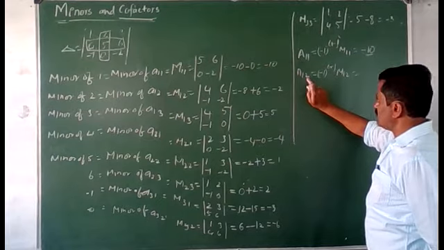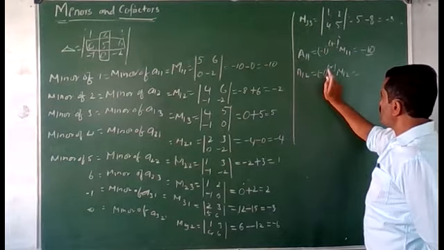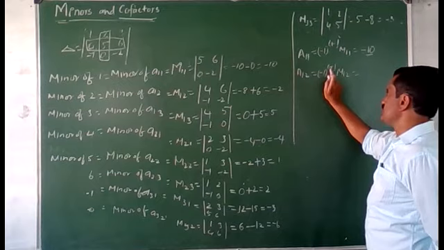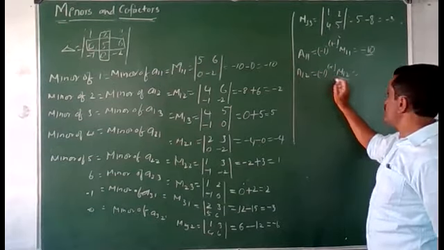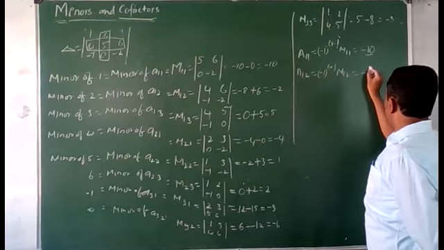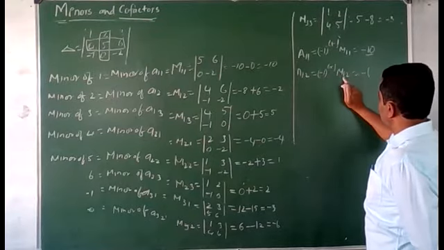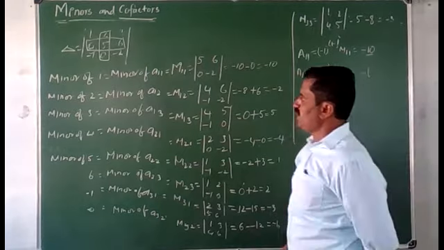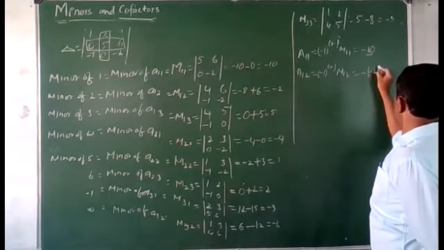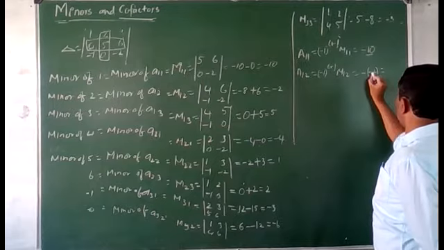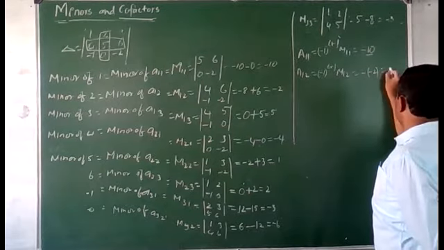What is the j value? That is 2. So minus 1 whole to the power of 1 plus 2 gives 3. Minus 1 whole to the power of 3 gives minus, so minus of M12. We have already found the minor of the element, it is minus 2. That is minus into minus 2, which equals plus 2.